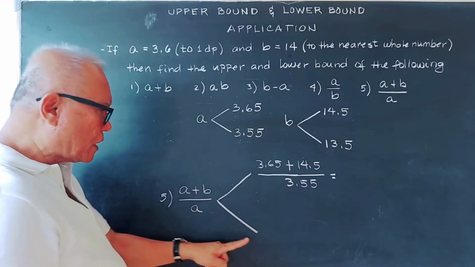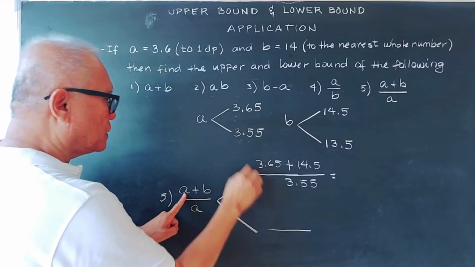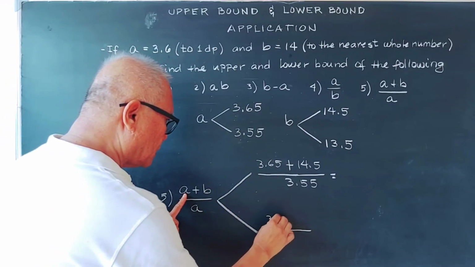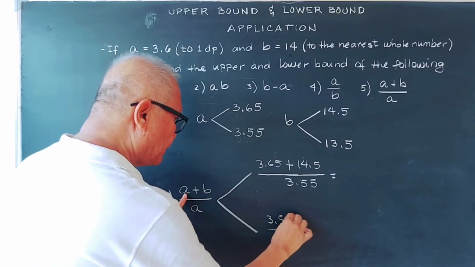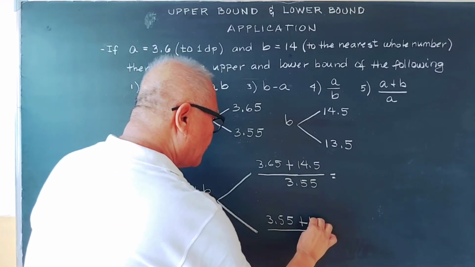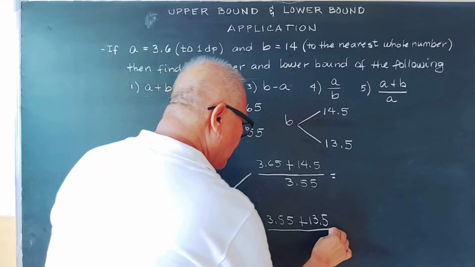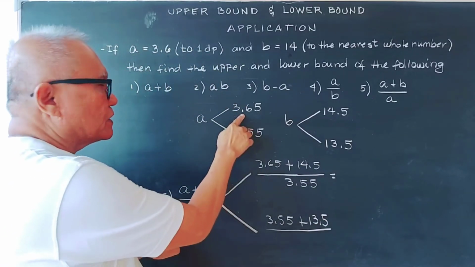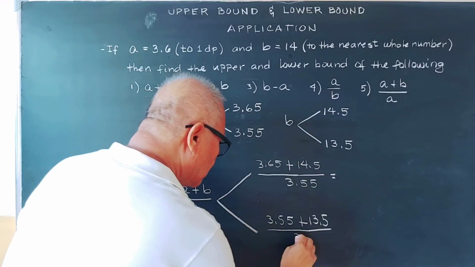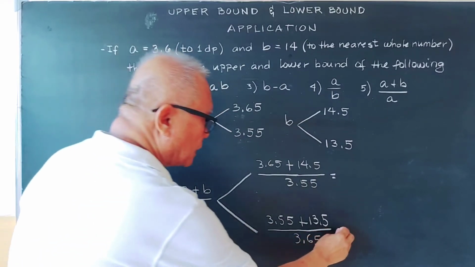And for the lower bound, we need the smallest possible value for A and B, which is 3.55 plus 13.5, and then we divide this by the upper A, which is 3.65.